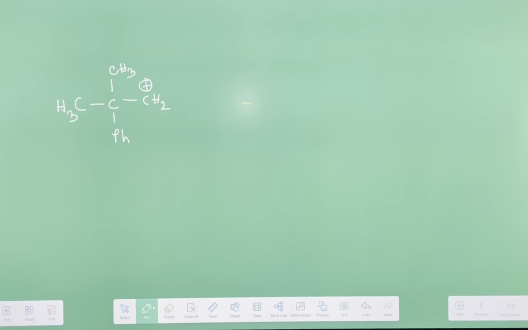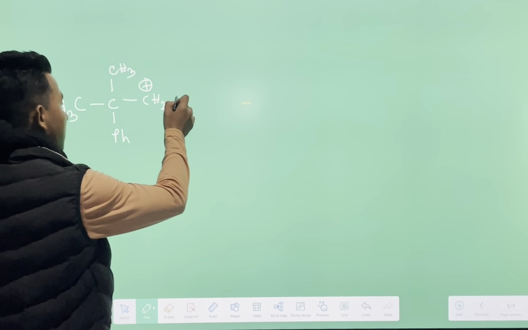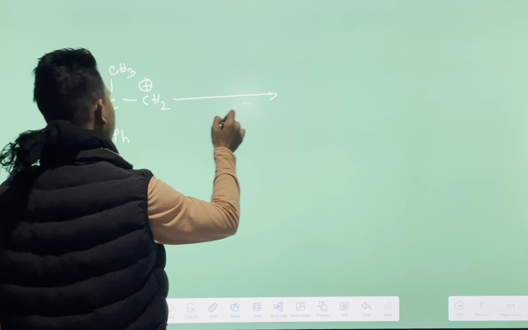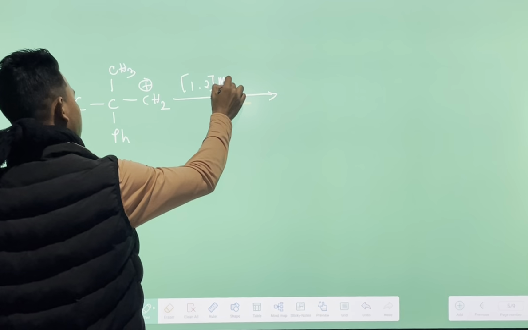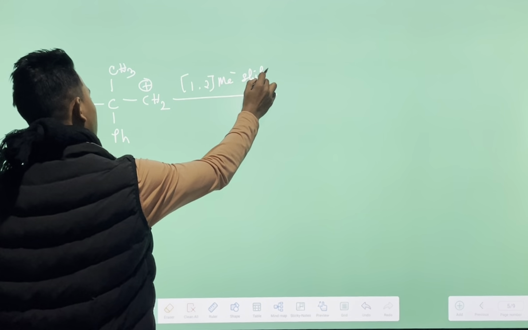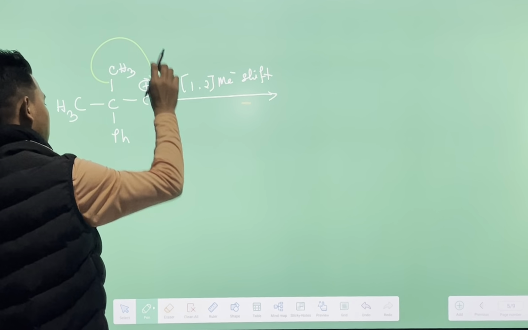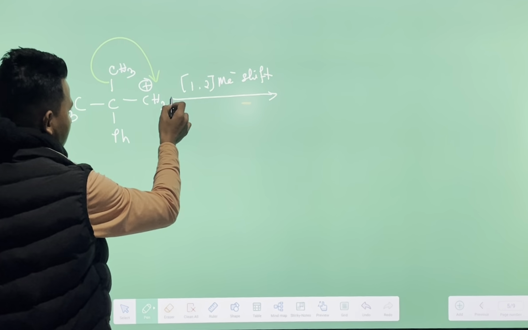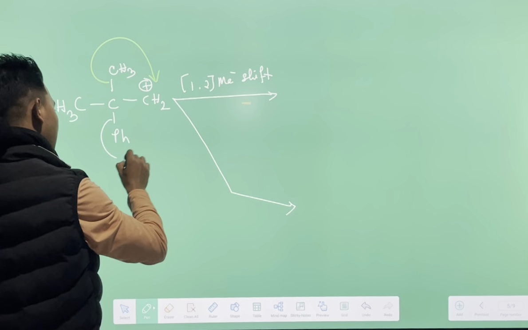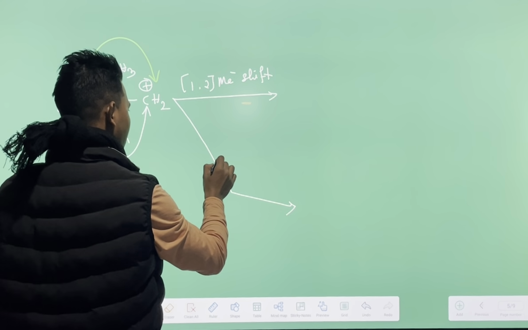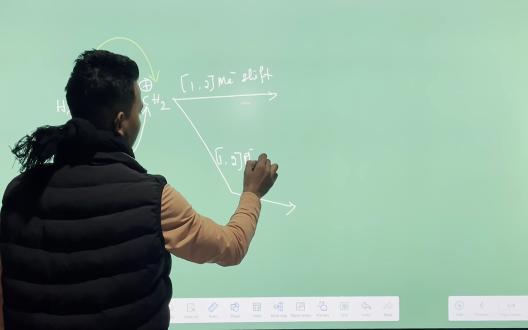Here, there are also two possibilities regarding the rearrangement of carbocation. First, 1,2 methyl shift. Then another one is the 1,2 phenyl shift.